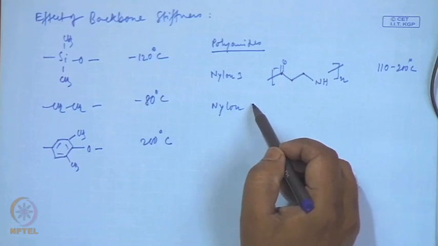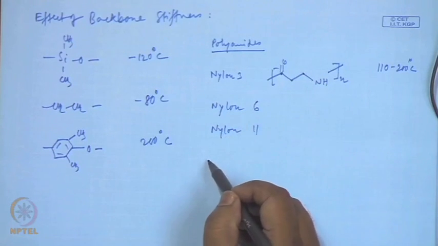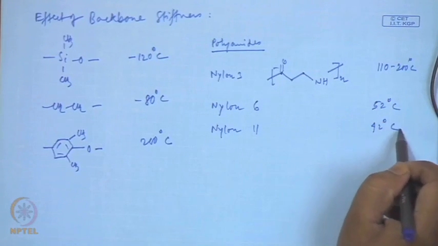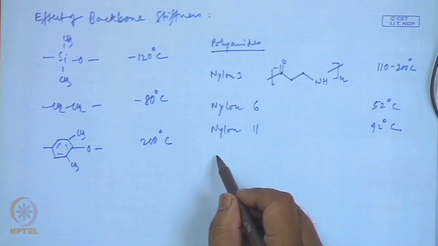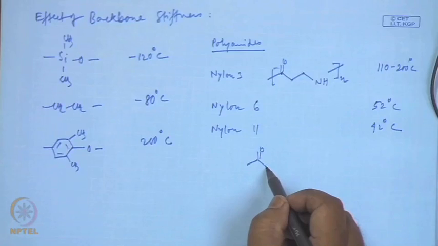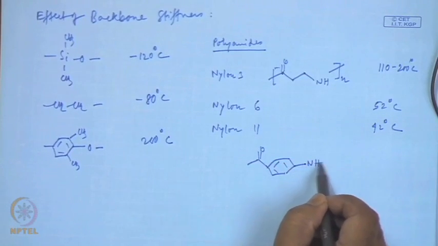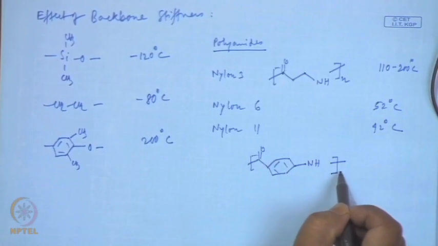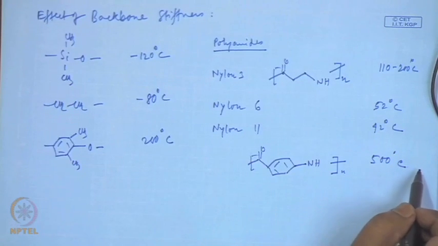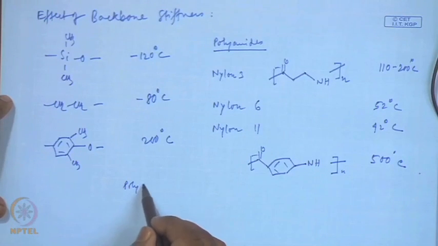Similarly, we can write nylon 6, nylon 11, which give Tg of 52 degrees centigrade, 42 degrees centigrade, and one very rigid polyamide, polybenzamide, Tg is 500 degree centigrade. Another set of examples is polyester.